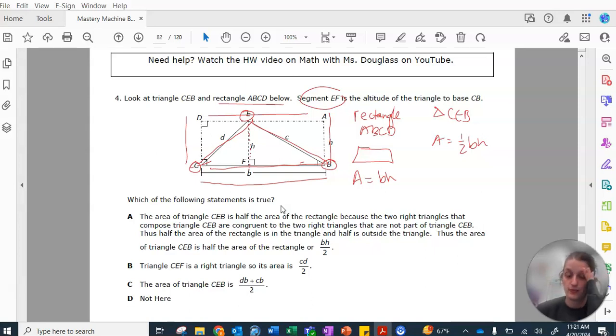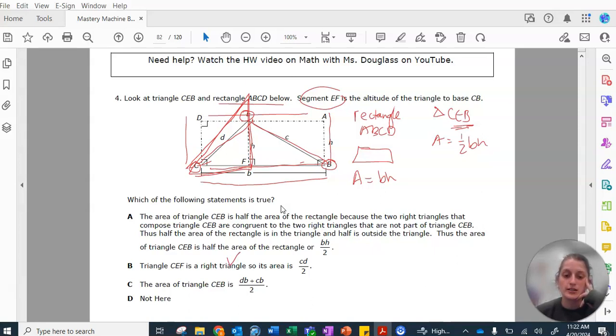Okay, honestly, I'm going to start reading the shorter sentences because A makes me a little stressed out. So if I can find B or C, which look really easy to read, I'm going to start there. B says triangle CEF. Okay, wait a minute, that's different than triangle CEB. So we're looking here at triangle CEF, which is this right triangle. Triangle CEF is a right triangle, agreed.